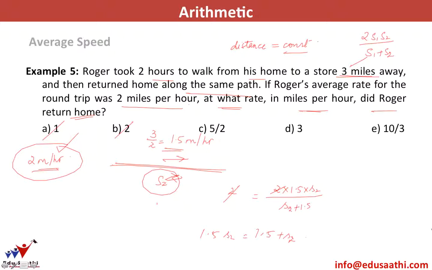Bringing this up, it is 0.5 S2 is equal to 1.5, or S2 is equal to 1.5 divided by 0.5. So your answer turns out to be 3. This is the value that we have for the return journey average speed.